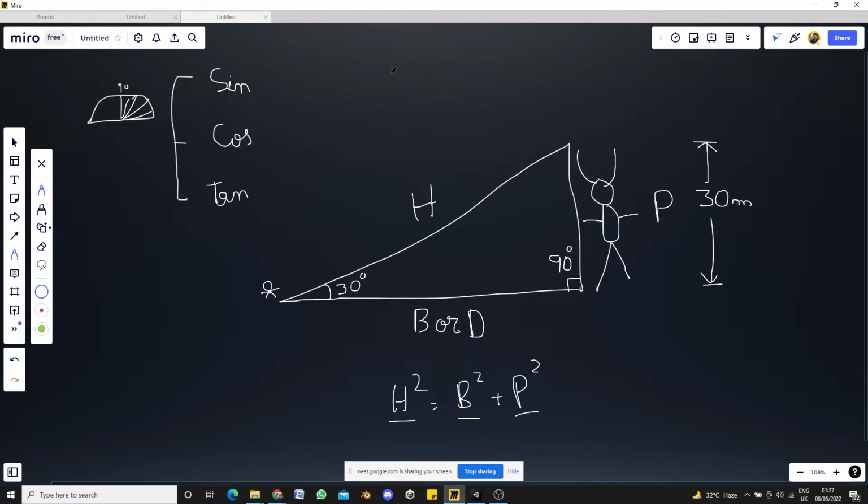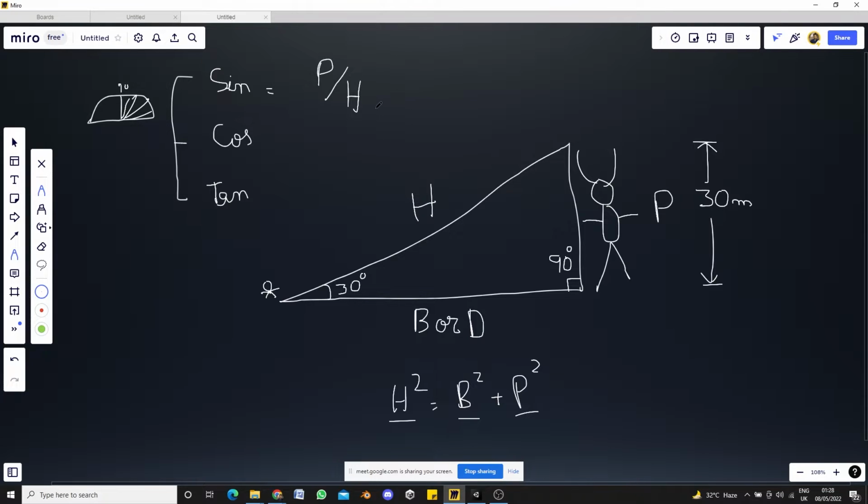So how things will work is, in trigonometry the basic things are perpendicular, base, and hypotenuse. This is the most important thing in trigonometry: base, perpendicular, and hypotenuse. So the formula of sine is p upon h.